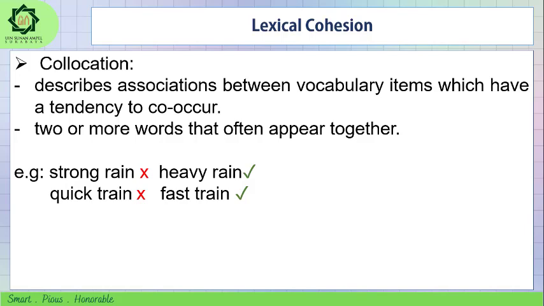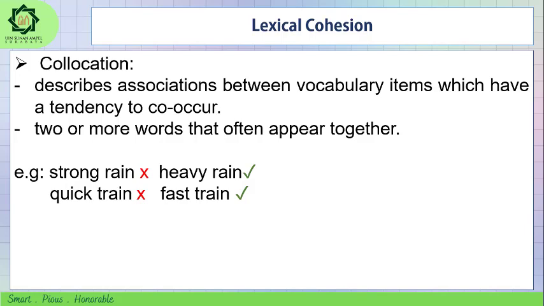And they barely say strong rain. So although maybe those two phrases have similar meaning, it is more common for English speakers to say heavy rain. Therefore, the phrase heavy rain is more acceptable.